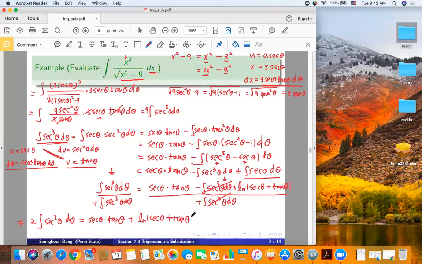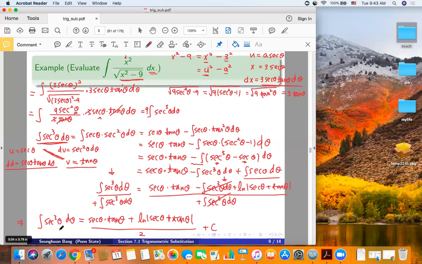Next, divide by 2. What happens? The 2 is crossed out. Next, this is an indefinite integral. You need to write C. This is the whole idea.